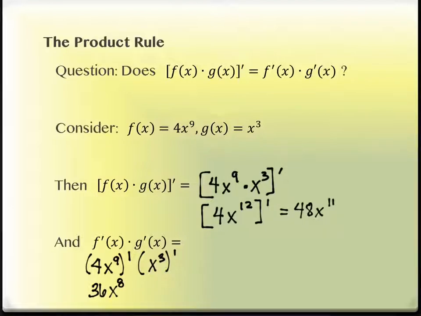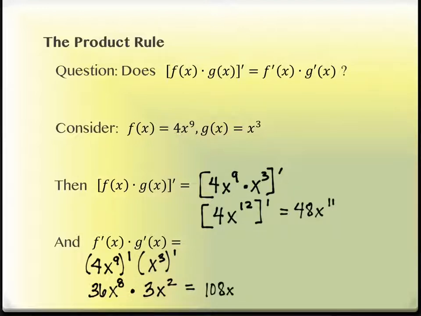On the other one, x cubed, what's the derivative of x cubed? 3x squared. Now I'm going to multiply these two together. So I've got 36x to the 8th times 3x squared. What is 36 times 3? 108.